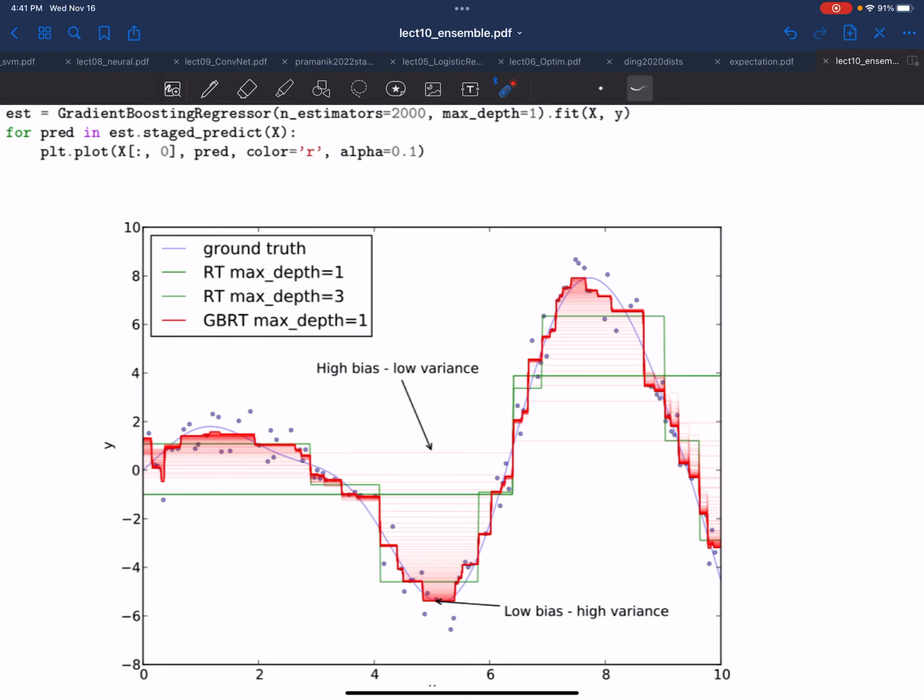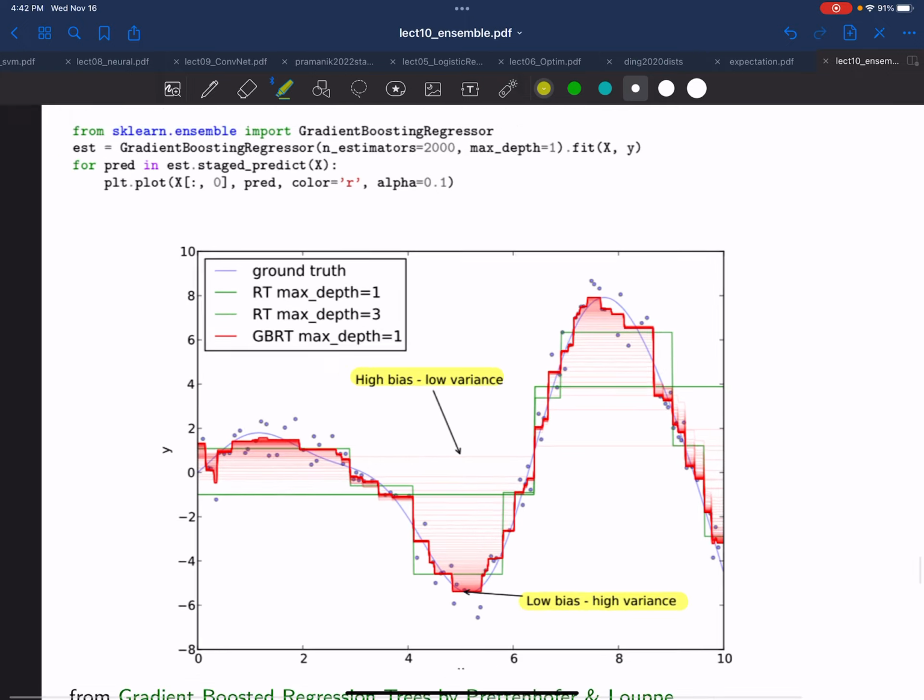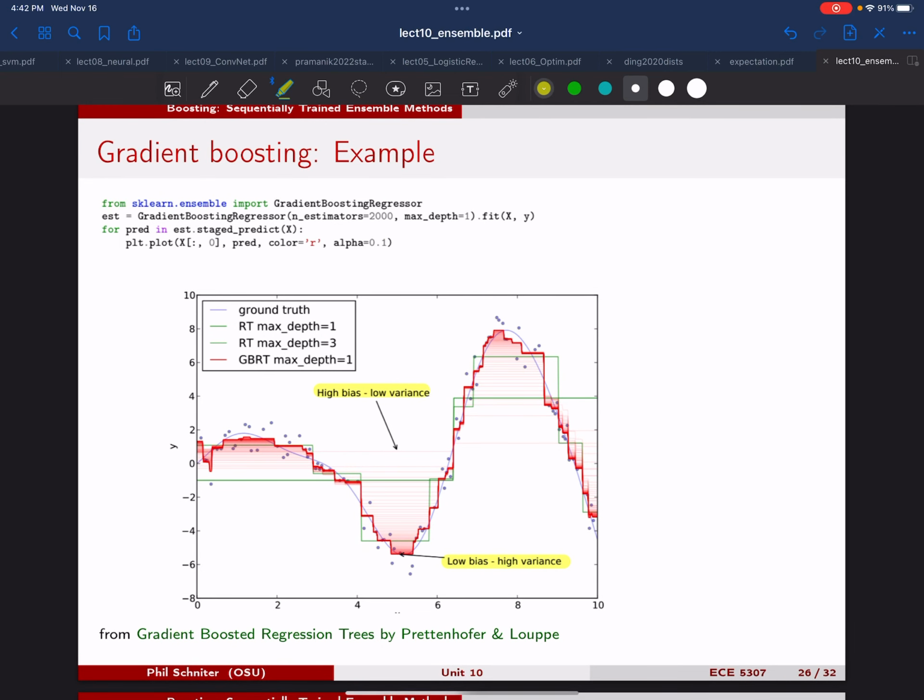In some sense, you can think of the number of stages as doing a bias variance trade-off. When you use a few stages, you get pretty primitive curves that have a lot of bias, but they're not too sensitive to your data samples. As you go through many stages, you get curves that are highly sensitive to your training samples, which means they have a lot of variance, but very little bias. So you can use the number of stages to trade off between the bias and the variance. Okay, so that's gradient boosting.